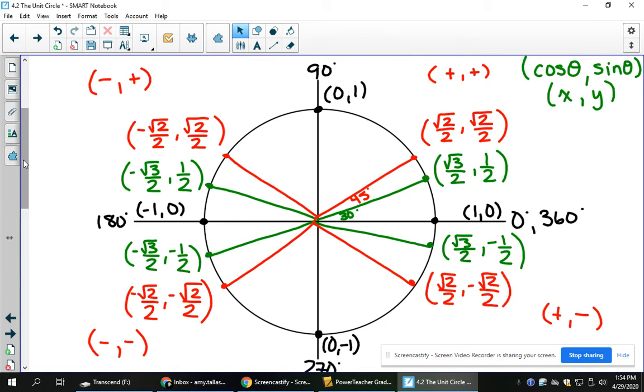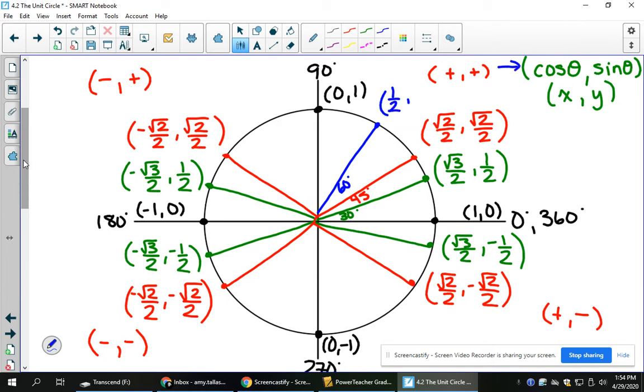Okay, one more angle. That's 60 degrees. 60 degrees, according to my previous page, has a cosine of 1/2. Remember, I'm working with this. And it has a sine of root 3 over 2.